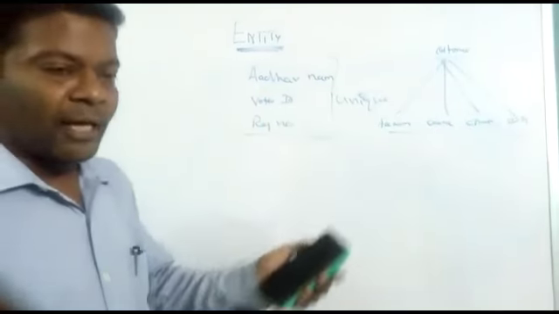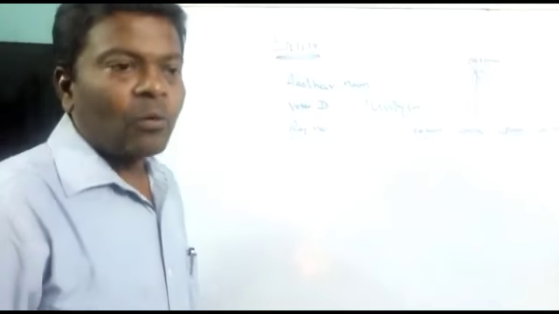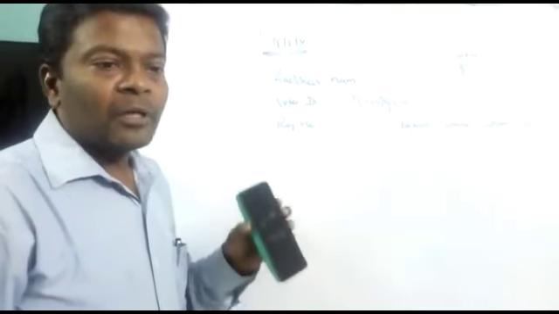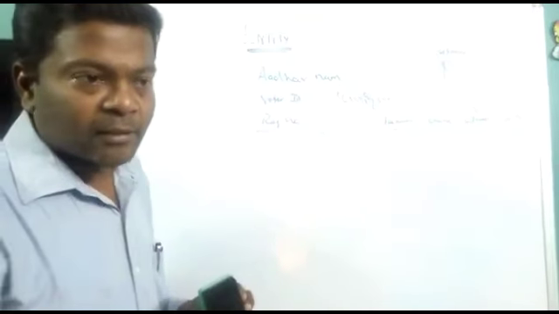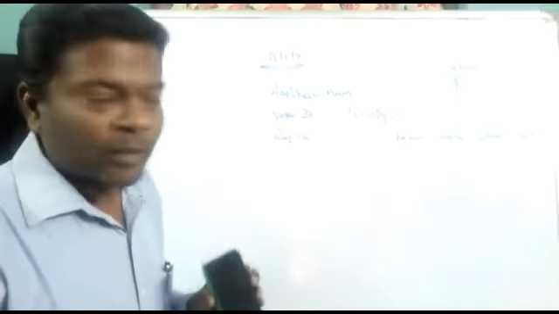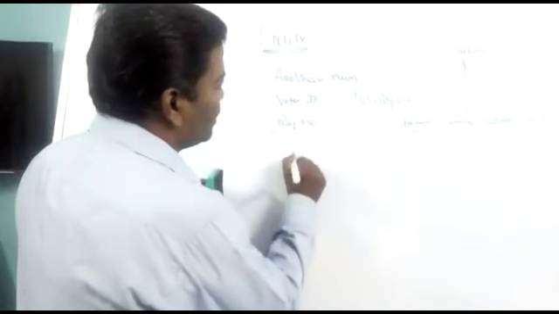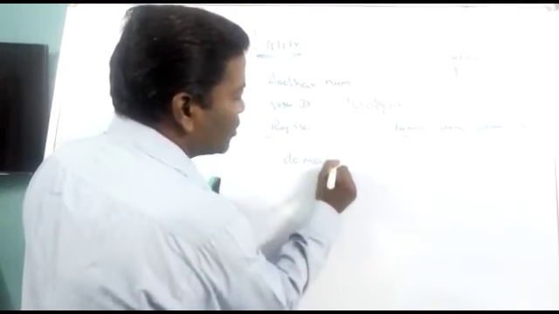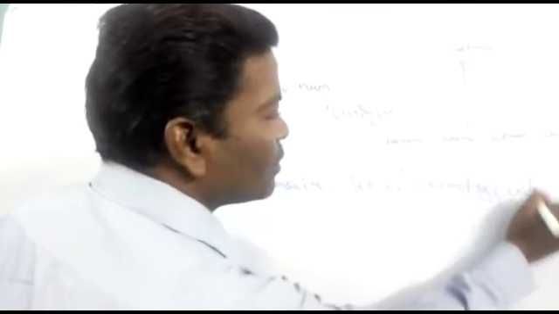Before that, these attributes are made up of domains. What is a domain? The permitted values are called domains. So the attributes have a set of permitted values, that is called domains. So domain is nothing but a set of permitted values.